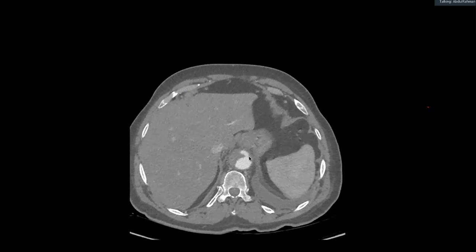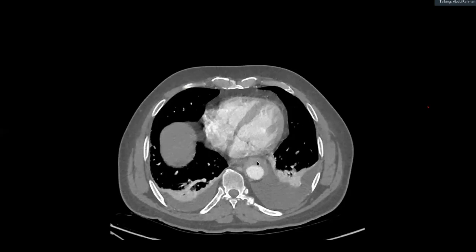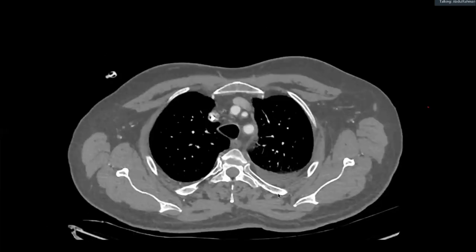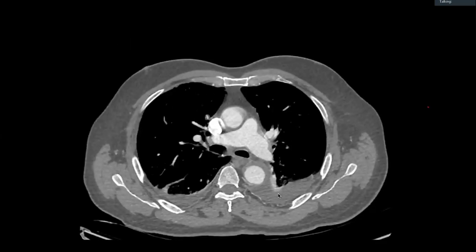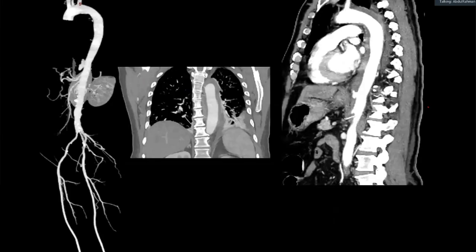These are penetrating ulcers of the aorta. And what I've shown you, a hyperdense crescentic rim around the aorta that starts distal to the left subclavian artery, and I'm going to talk about this later, is a type B intramural hematoma with an ulcer-like projection. So the type B IMH.